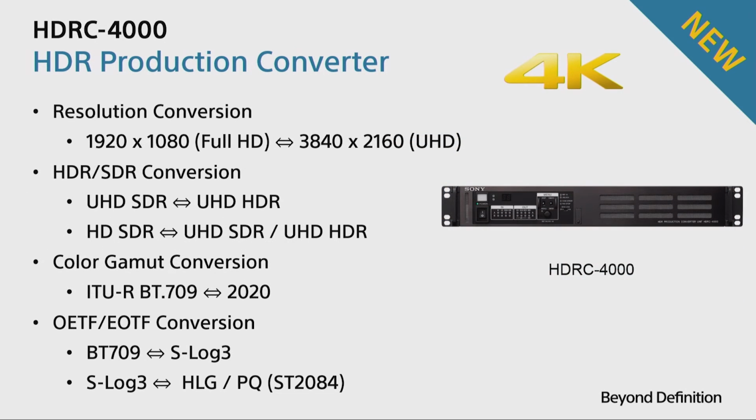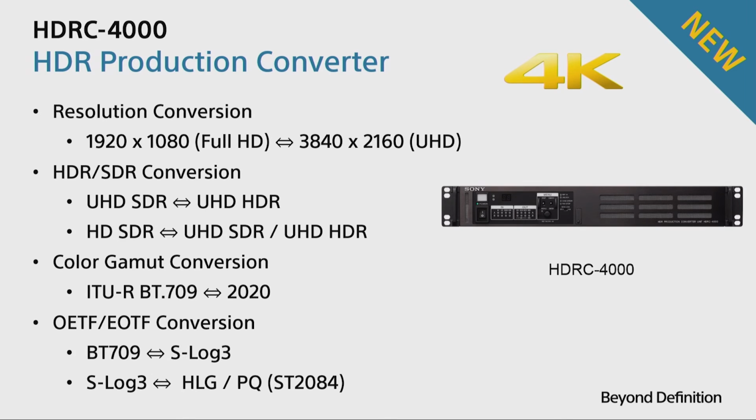Very handy. What's brand new and really represents one of the game changers in the market is our HDRC 4000. And this is an HDR production converter unit. What this box actually allows you to do is not only go from high def up to 4K UHD, but it can also go in between your various HDR formats or from S-Log to your desirable HDR format.